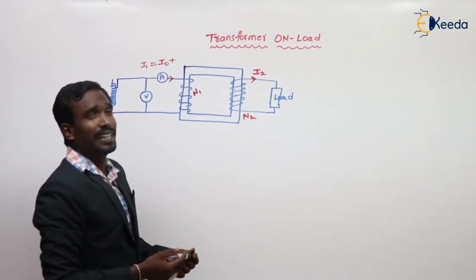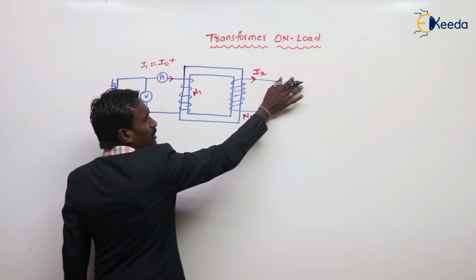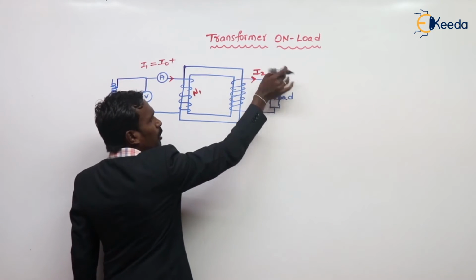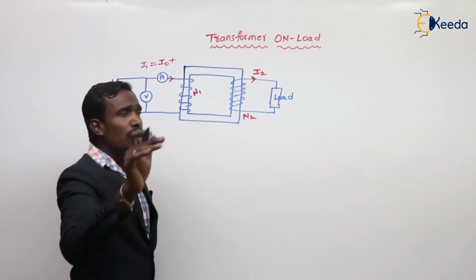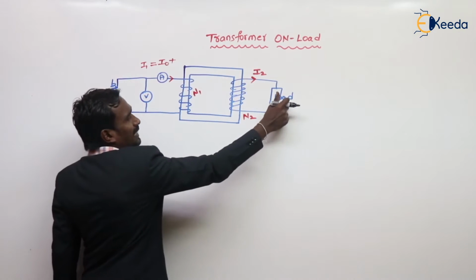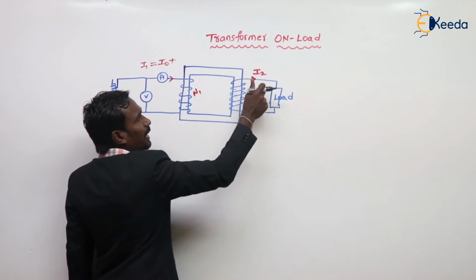Sir, how much does it increase? If there is no load, there is no current, then I1 is equal to I0. But when the load is connected in the secondary, the I2 current flows in the secondary.